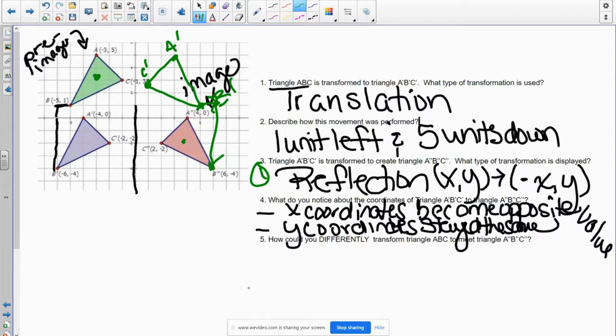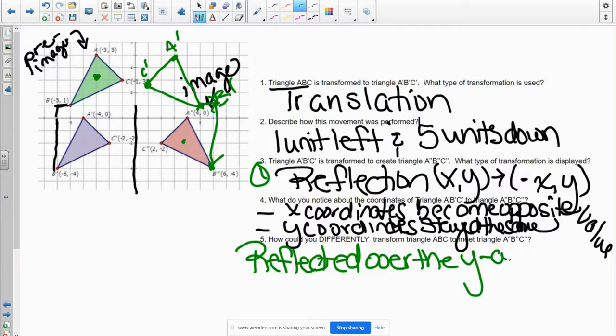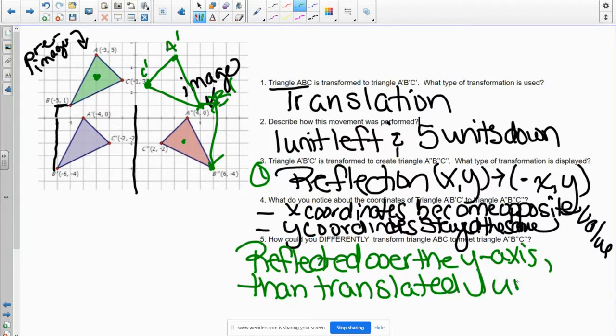So how could we have done it? We could have reflected first, then translated one unit right and 5 units down.